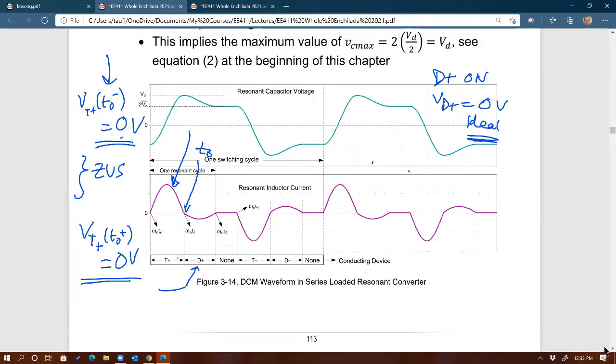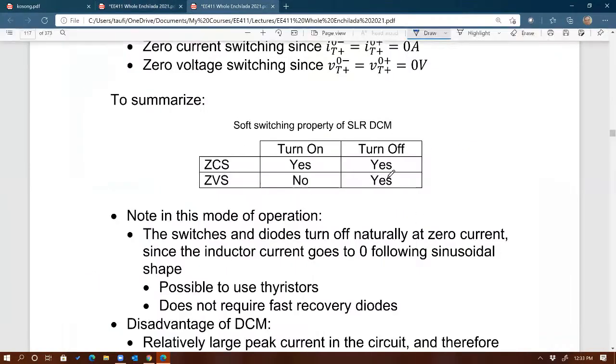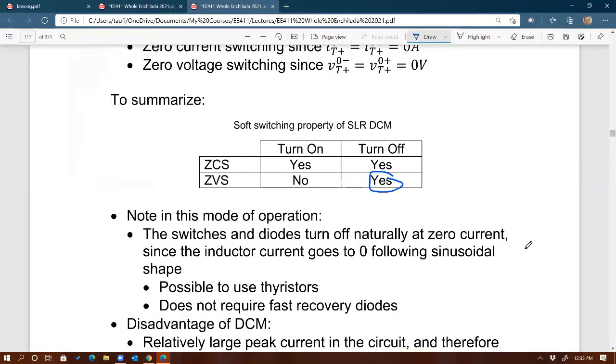In fact, as long as D plus is conducting, voltage across T plus will also be 0. Do you agree with that statement? If anybody disagrees, please let me know. Okay, since we have 0 volts at T0 minus, 0 volts at T0 plus, therefore ZVS is a yes there. So at turn off, it is a yes right there. Okay, any question on this one?